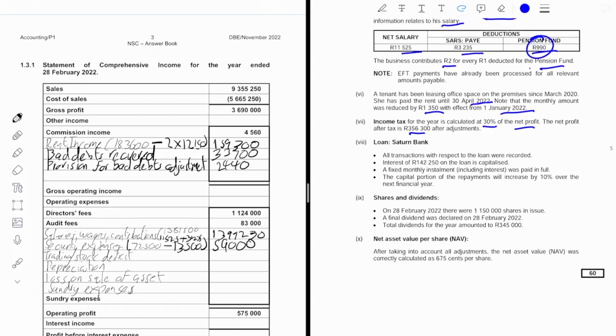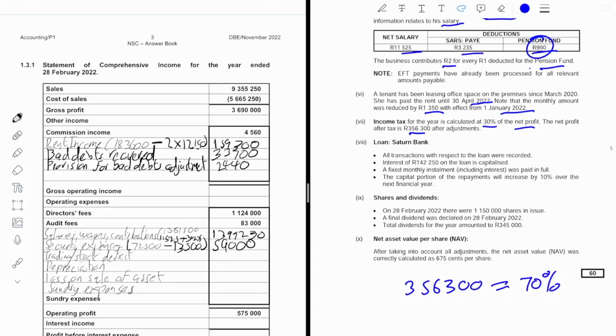So we need to just use a bit of ratios and proportions here and work back what our tax figure was. So the way I like to do this is we say that 356,300 is equal to 70%, because that's our net profit after tax.